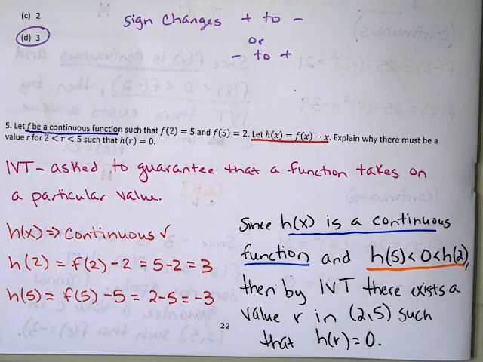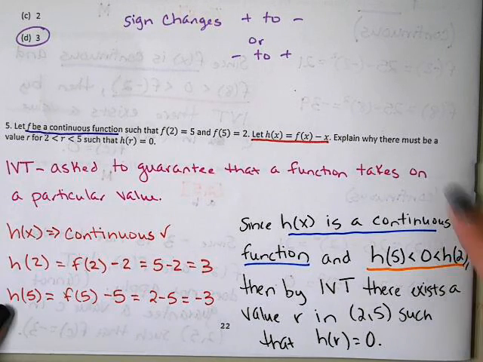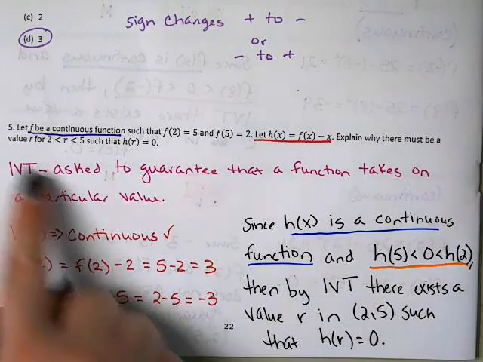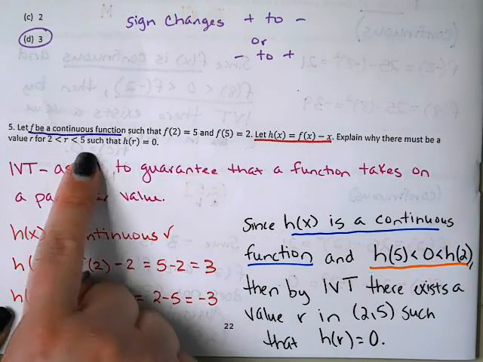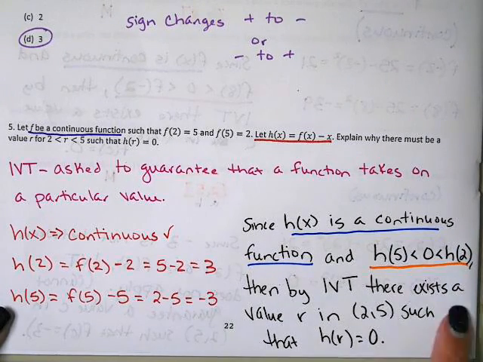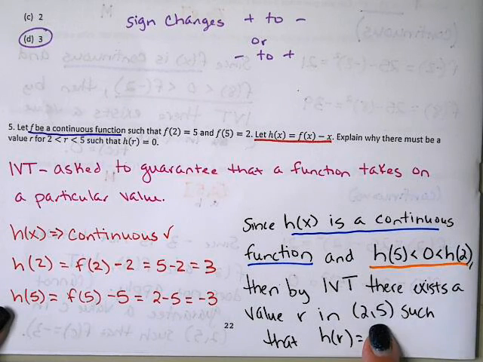So we start with our conditions and then we can go to our conclusion. And if you notice, we're rewording a lot of what's already here. So there must be a value r in the interval such that h of r equals 0. So we said by IVT there exists a value r in the interval such that h of r equals 0.